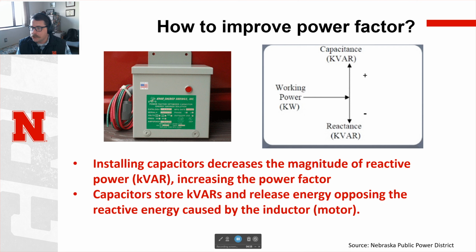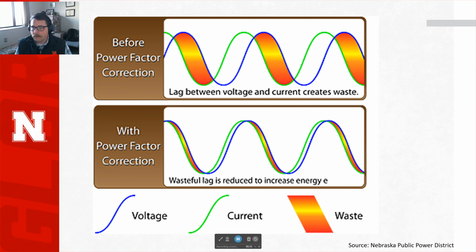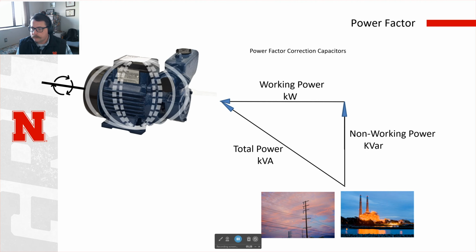A capacitor bank is an energy storage device that stores electricity, and then those capacitors store those kilovars of reactive power and release it, opposing the reactive energy, and thus minimizing that lag. So if we look at a system with and without power factor correction, or with or without those capacitors, the bottom one with those capacitors, we've minimized that lag, thus we've improved our power factor.